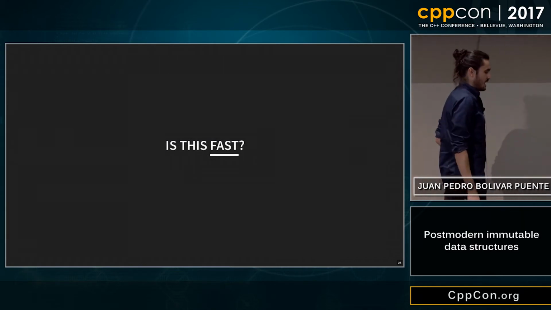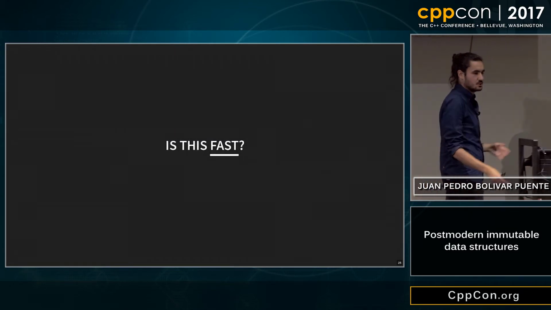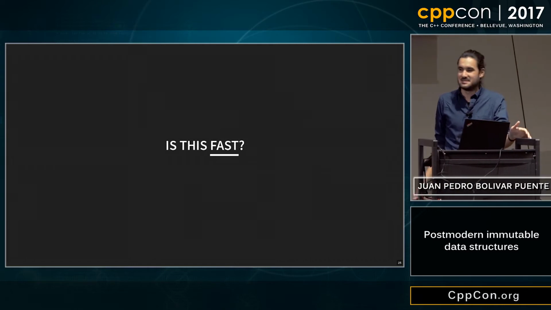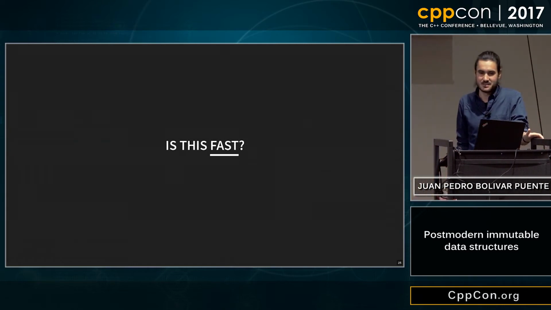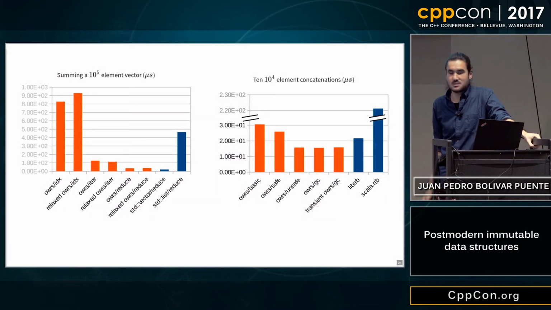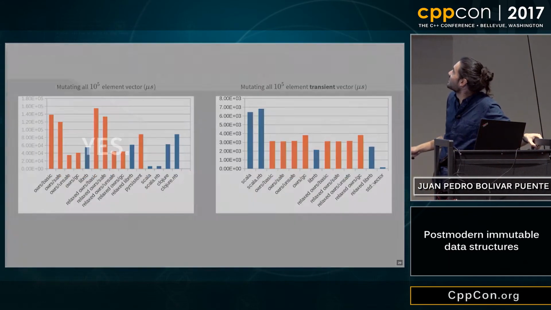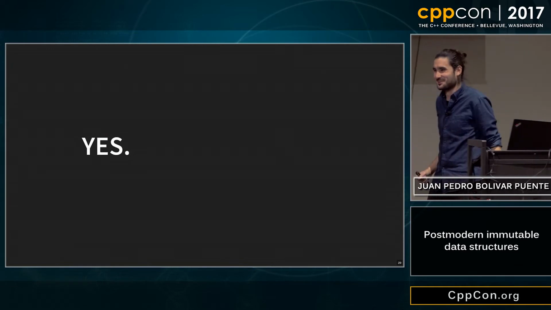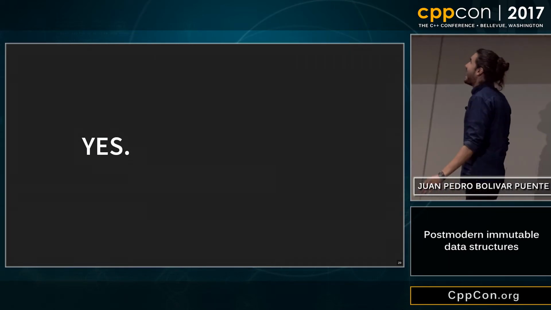This is great, but the question everyone probably has here is, is this fast? Or how fast is this? I have a bunch of benchmarks that I'm going to skip through to the conclusion. Just say yes.